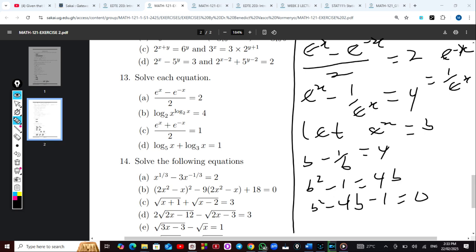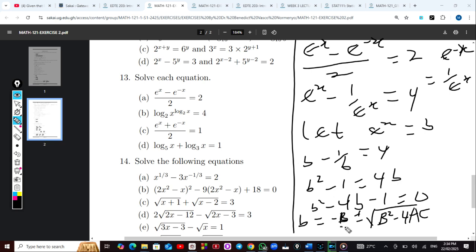The factorization will be complex, so let's use the quadratic formula. Our b will be equal to minus B plus or minus root of B squared minus 4AC, all over 2A. This is not the b we are dealing with, so let me use capital letters inside.